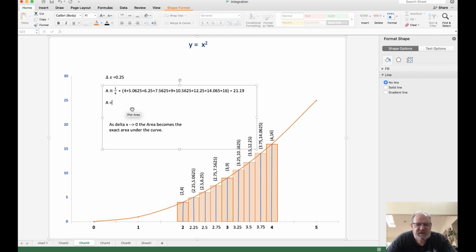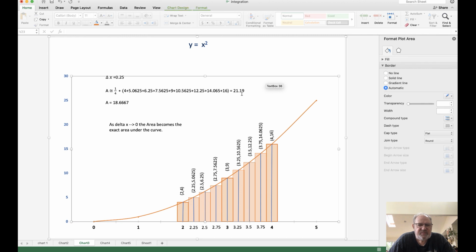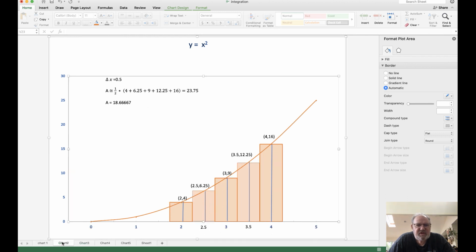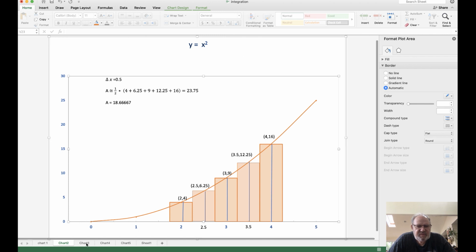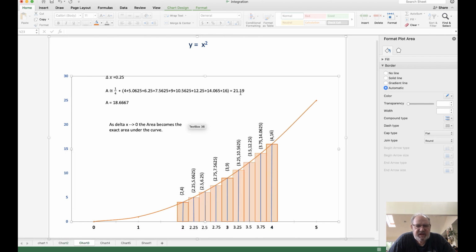This is 18.667. And you can see it is closer. 21.19 is closer to 18.667. So in the previous it was 23. As we get smaller, the error becomes smaller, and the estimate becomes closer to the actual value.